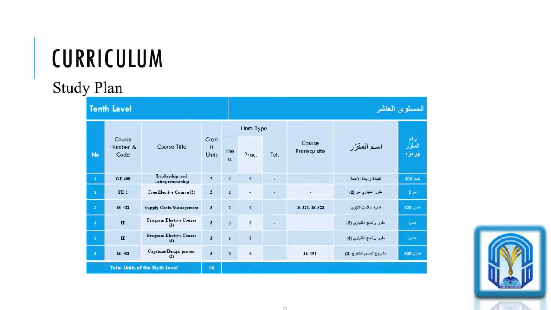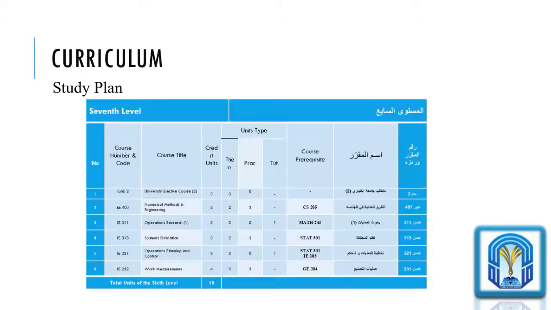The department decided to have the last semester with the minimum number of credit hours to give students enough time to work on their capstone design project, because it will require a lot of time. And you have a set of free courses where you can register, which gives you some slack time so you can focus on your capstone, in addition to the last core IE course, which is supply chain.